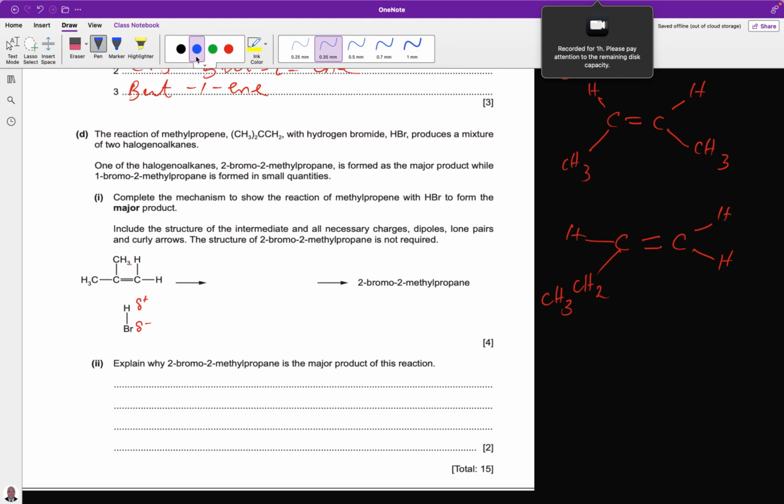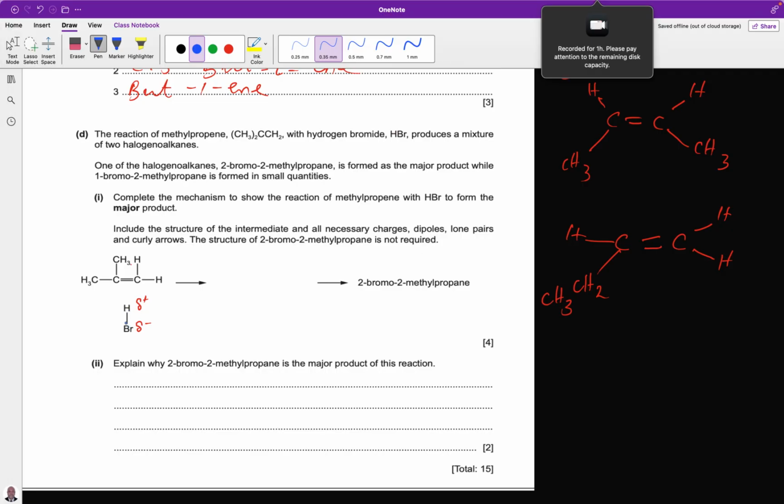What happens here is this is a double bond, a high density cloud of electrons. The pi electrons are the ones reacting here. The hydrogen is going to act as an electrophile, and electrophiles are electron pair acceptors.